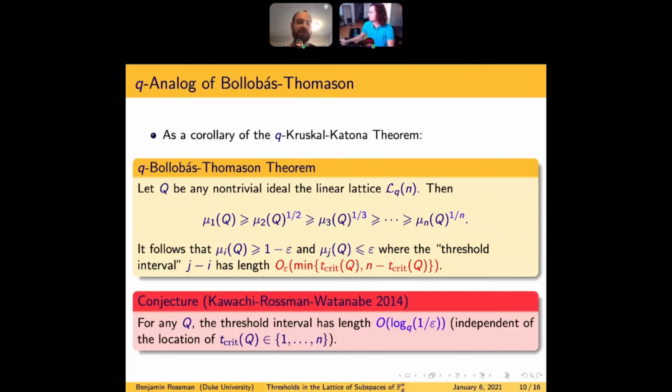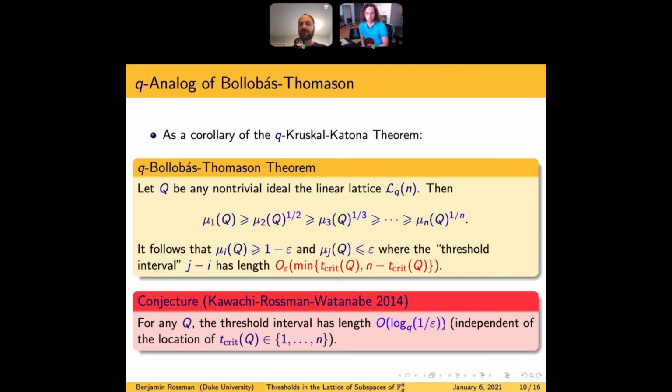In a joint work a few years ago with Akinori Kawachi and Osamu Watanabe, we were looking at this and noticed that in all examples we could come up with, the threshold interval is actually vastly smaller. This led to the following conjecture: for any non-trivial ideal in the linear lattice, the threshold interval has length order log_q of 1 over epsilon, independent of the location of the threshold.